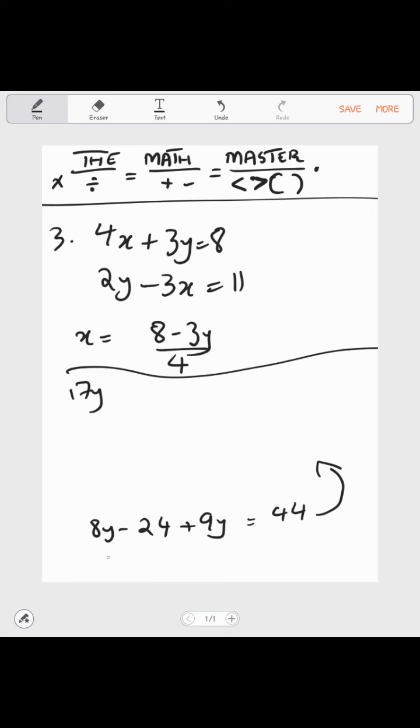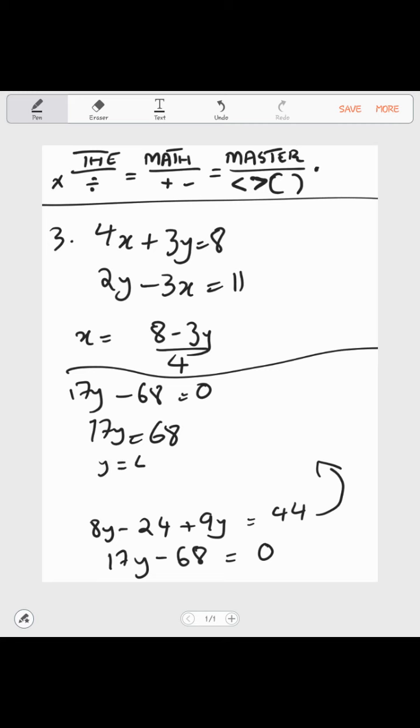Yeah, it's 17y minus 68 equals 0. Now you shift this to the other side, which is 17y equals 68, and you can easily divide 68 by 17 to get the answer, which is y equals 4.